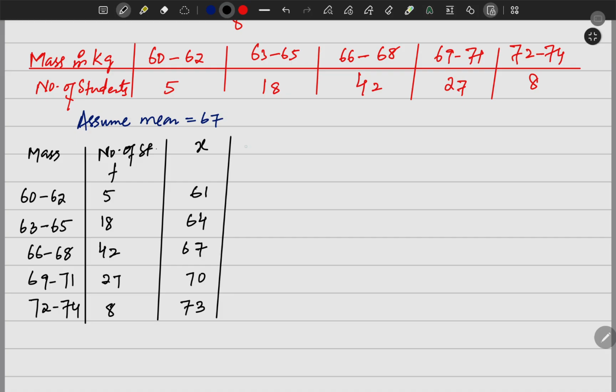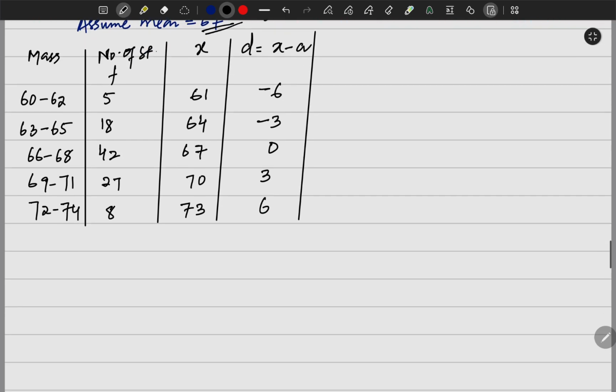The deviation is x minus a. So our mean is 67, that's our a, assumed mean. So that is 61 minus 67, so this is minus 6, this is minus 3, this is 0, this is 3, this is 6.